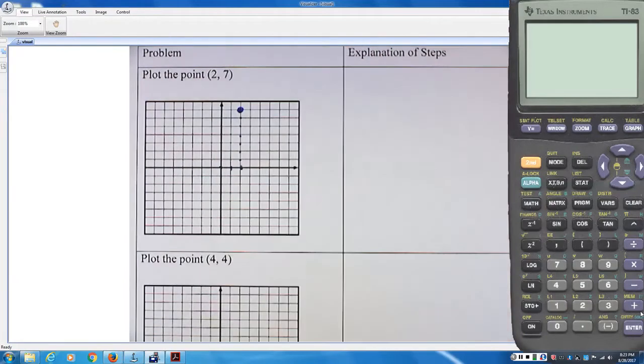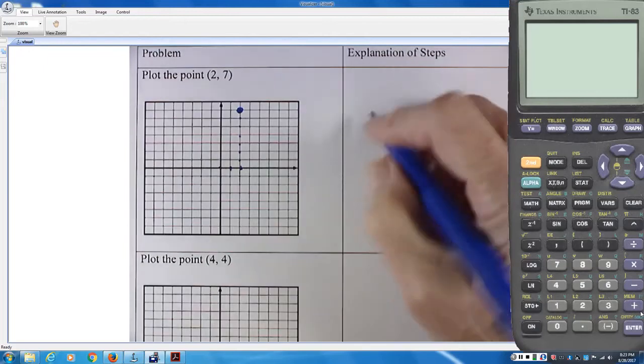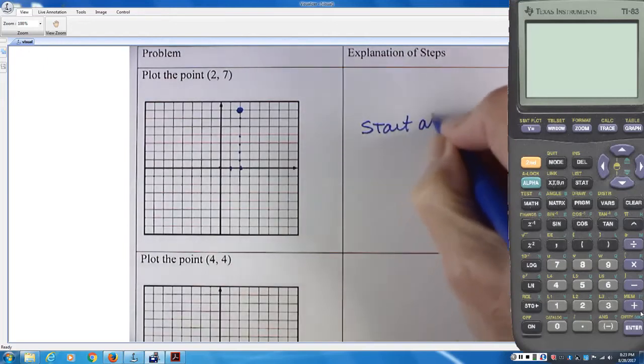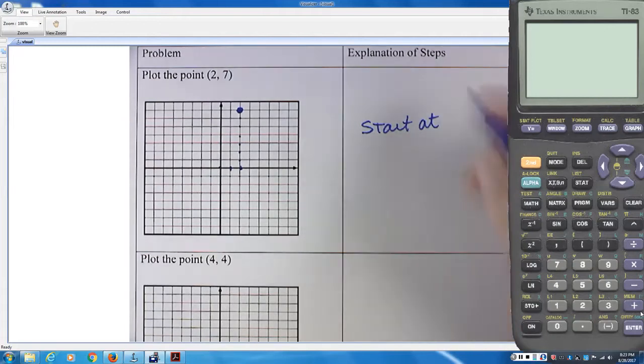Now, if you're one of the people that has trouble remembering, what you want to do is say, start at 0, 0. You want to write this down until it kind of wears a path in your brain.